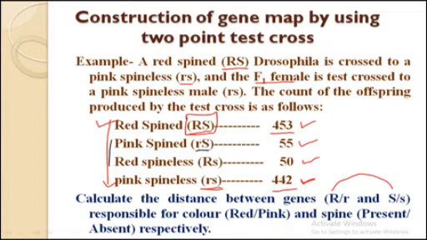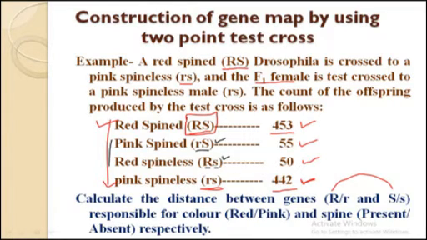Both genotypes are not homozygous, they are heterozygous, that is one is small r and another is capital S. So here also you can understand which are the recombinant types. Red spineless means one capital R and one small s, so they are also heterozygous. So these two are recombinants, the intermediates of these two parents.